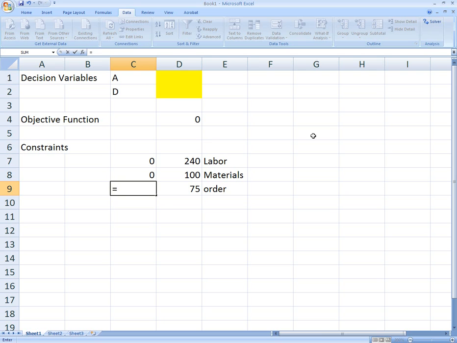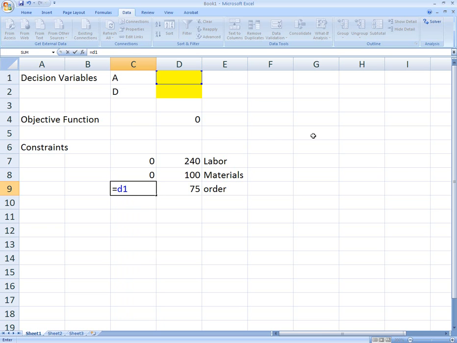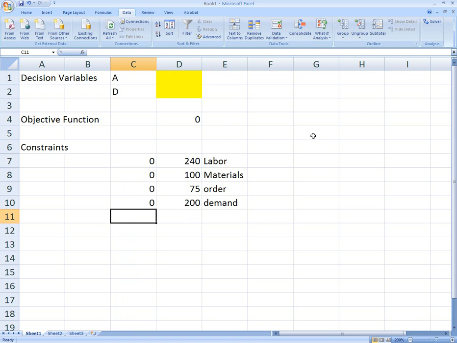A real simple formula for the number of athletic shoes just equals D1, because that's where that value is going to wind up. Finally, I can't sell more than 200 pairs of dress shoes. So the number of dress shoes is in cell D2, and that's a demand constraint. I can't sell more than that because more than that are not demanded.